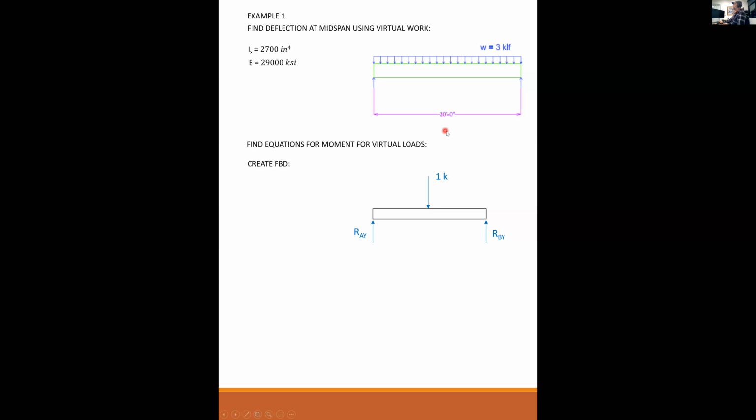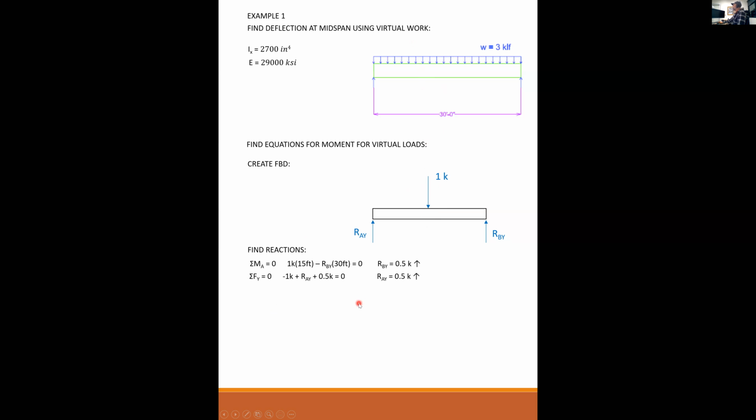If I wanted to find the deflection anywhere else on the beam, then I would just apply this 1 kip load someplace else on the beam to find the deflection at that point. That's how this procedure works. So I want to know at midspan, so I put a 1 kip load going down at midspan, and I find my reactions.